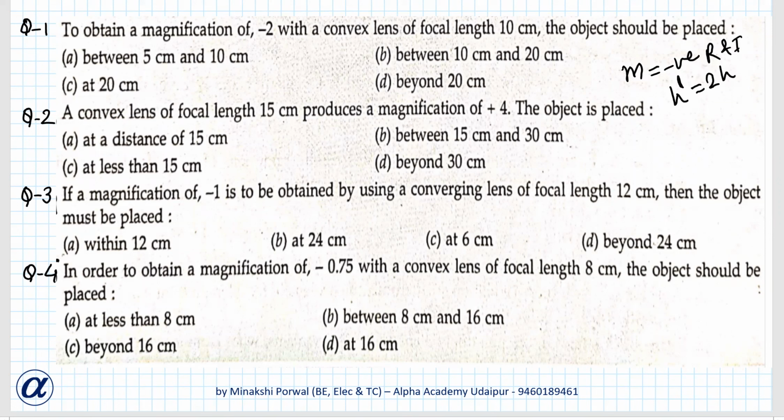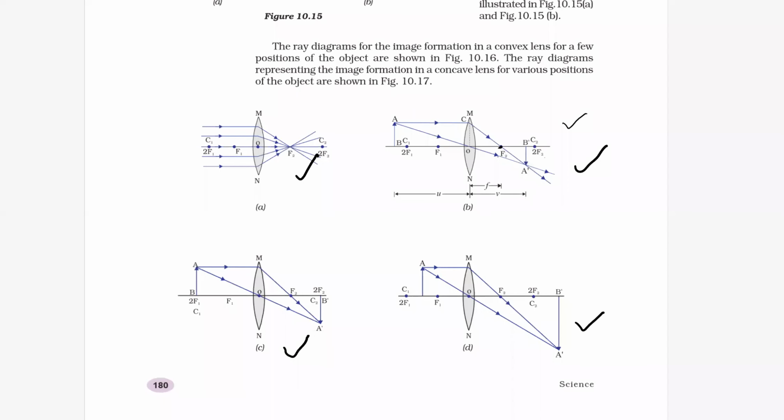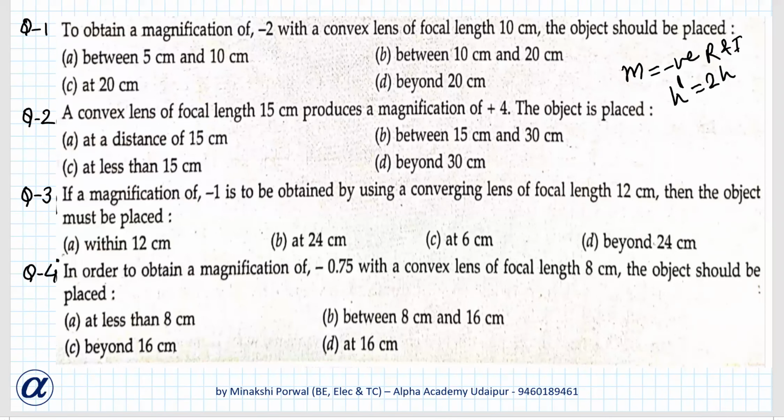Now, for doing these MCQs, we should have a clear idea about the image formation and ray diagram of concave and convex lens both. So here are the options given. If we check the options, focal length is 10 centimeter.